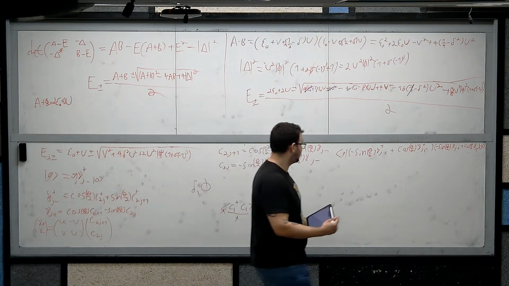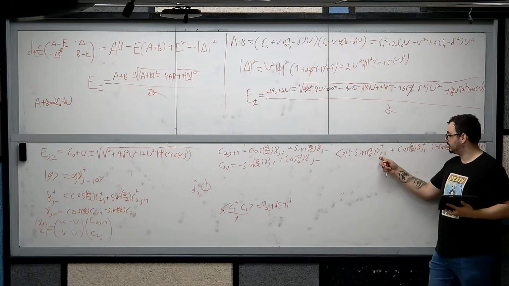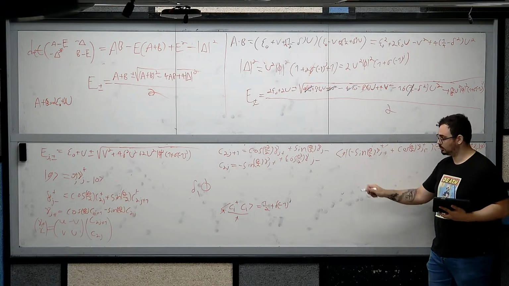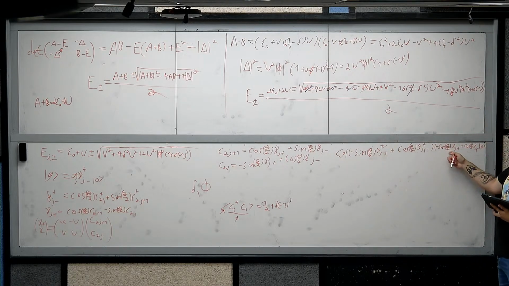So gamma J plus dagger operating on the left will operate on 0, so this one disappears. And gamma J plus operating on the right will also operate on 0, try to annihilate the 0. This will also disappear. Right?